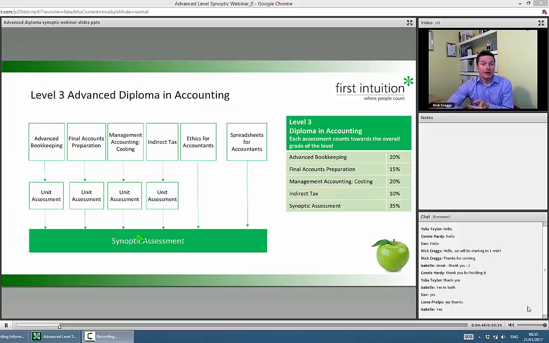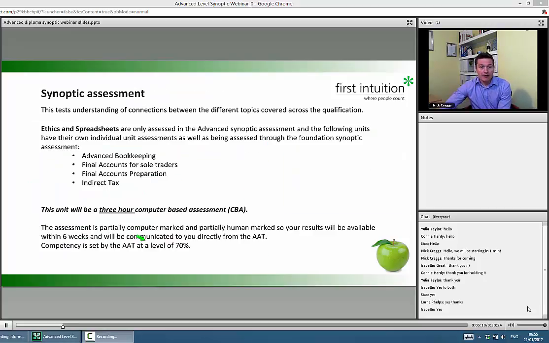So on the foundation level, the computerized accounts unit isn't in the Synoptic, and at the professional level, or old school Level 4, the optional units are not in the Synoptic, but at the Advanced Diploma, every single unit comes into the Synoptic, which is nice. So that's how the units all come together into the Synoptic exam.